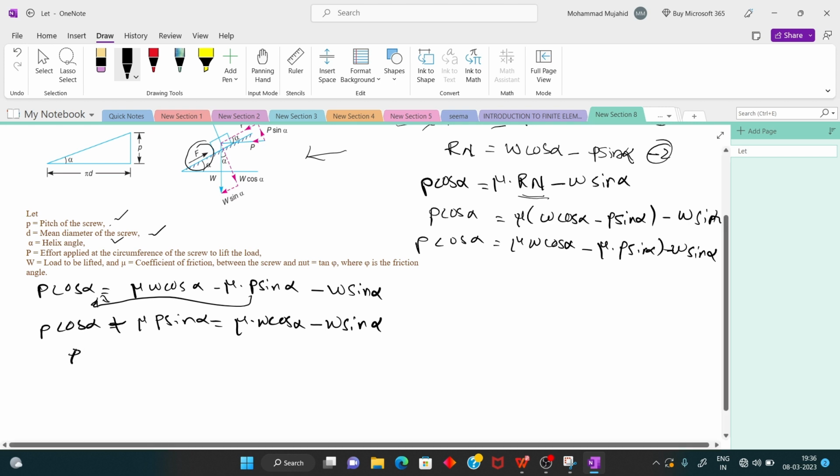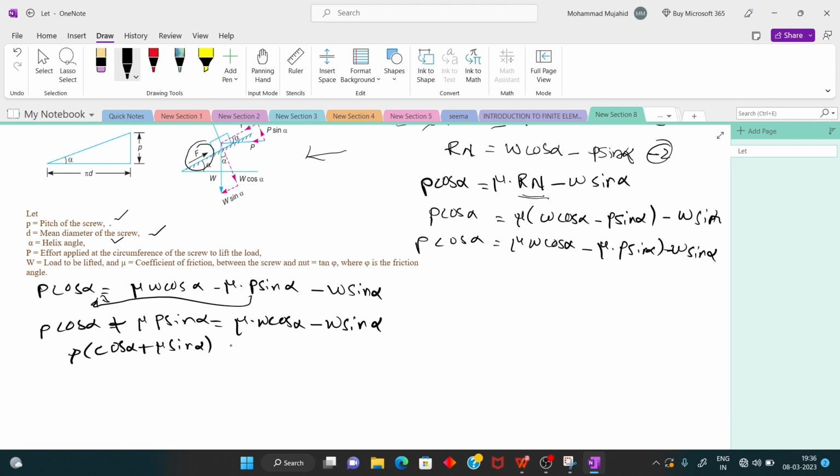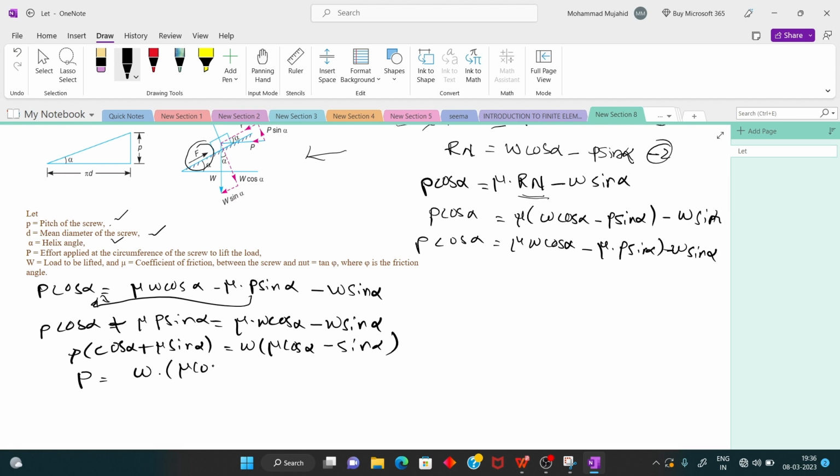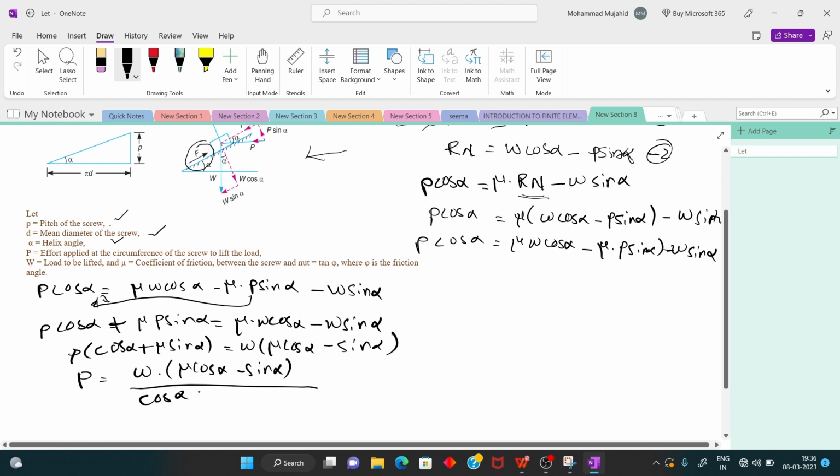Taking P as common, P into cos alpha plus mu sin alpha equals W into mu cos alpha minus sin alpha. So the effort required to lower the screw jack is P equals W into mu cos alpha minus sin alpha, divided by cos alpha plus mu sin alpha.